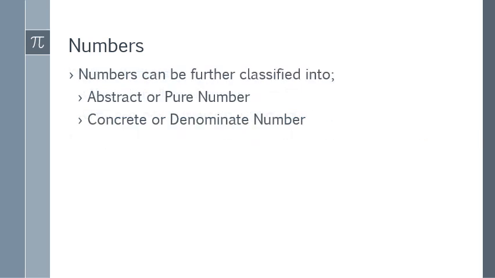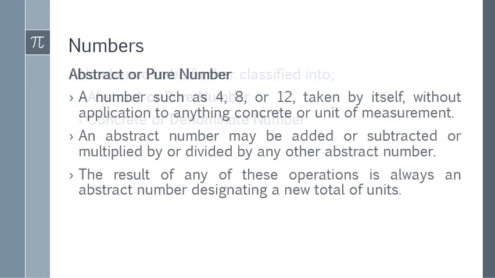Numbers can be further classified into abstract or pure numbers, and concrete or denominate numbers. A number such as 4, 8, or 12, taken by itself without any application of a unit of measurement, is called an abstract or pure number. That means there is no unit added to it, like ml, millimeter, decimeter, or liters.